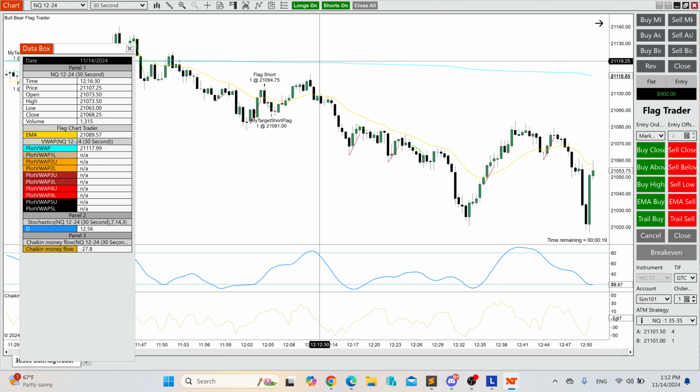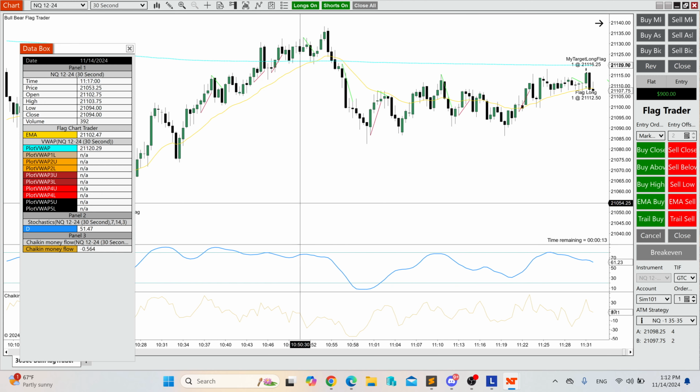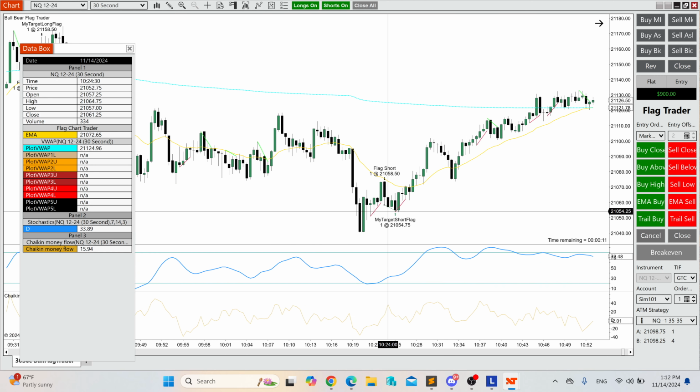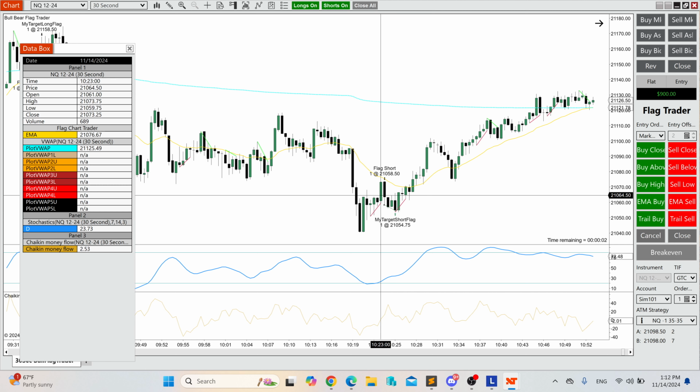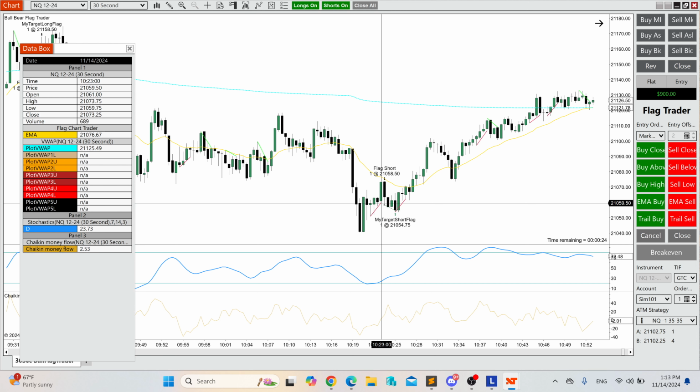Again, these settings are without Chaikin, and I'm going to show you the difference right now. Let's take this example. This would have worked out, but with the settings, Chaikin is in positive territory.